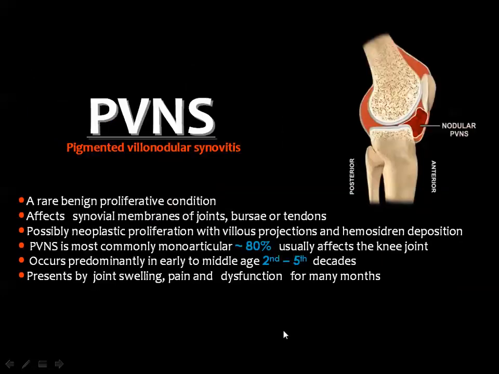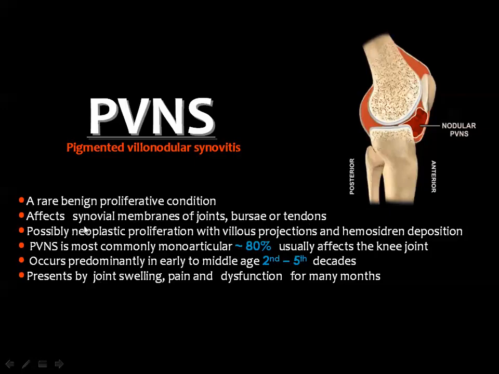And this is the pigmented villonodular synovitis, which has been mentioned many times through the course of the musculoskeletal imaging. It is a rare proliferative condition of the synovium. Some consider it as an inflammatory lesion, others consider it as a tumor, and it affects the synovial membrane of the joints, the bursa, and the tendon.